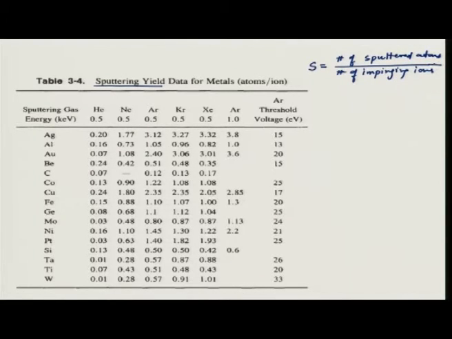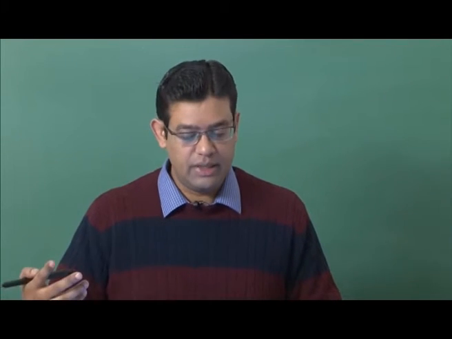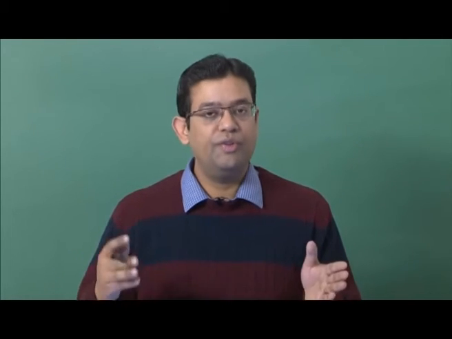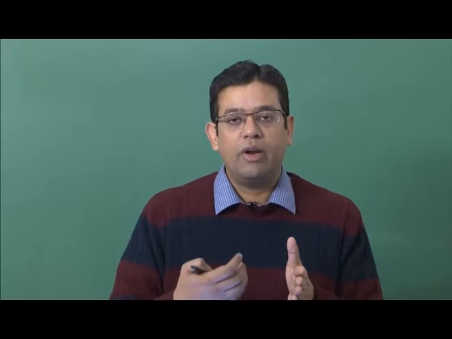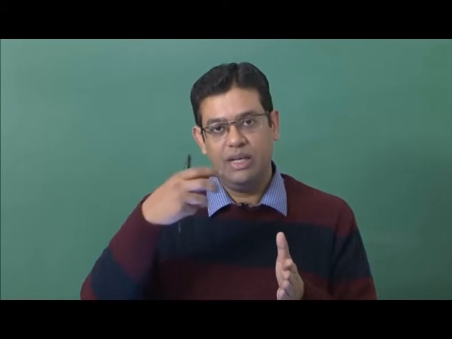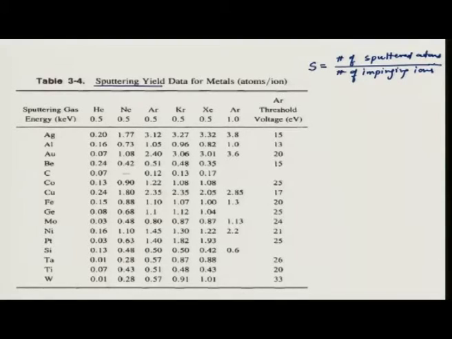So, for each ion that is bombarded on the surface of the target, how many atoms are being sputtered? And of course, we would want that for each ion more and more atoms from the target are sputtered, so that we can use these sputtered atoms for thin film deposition.